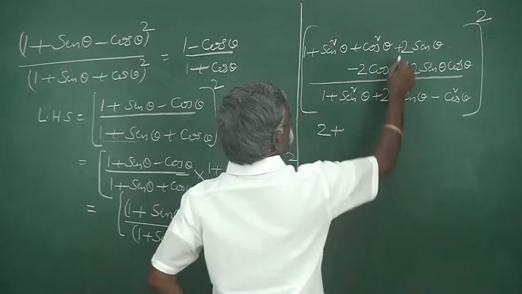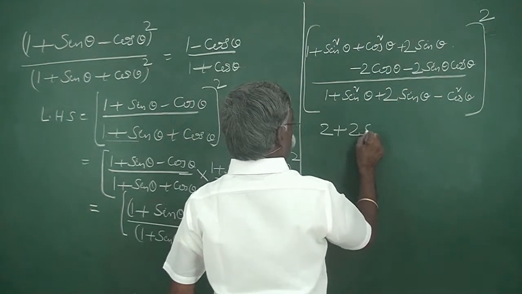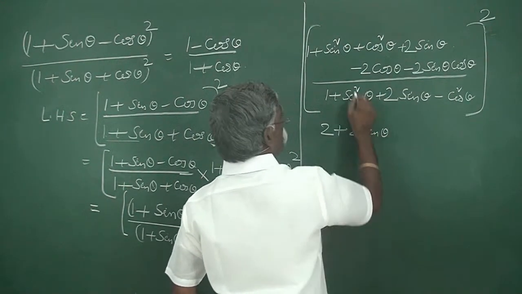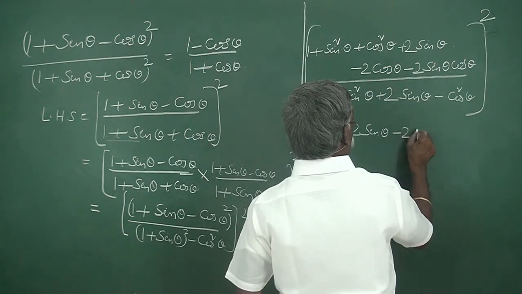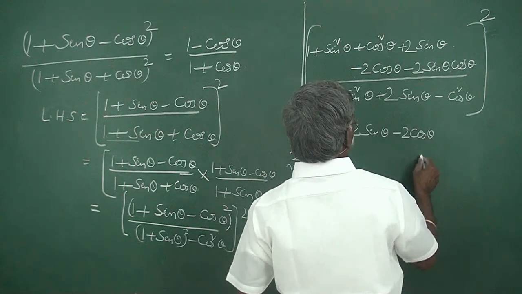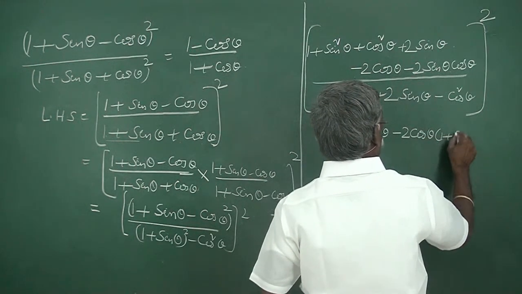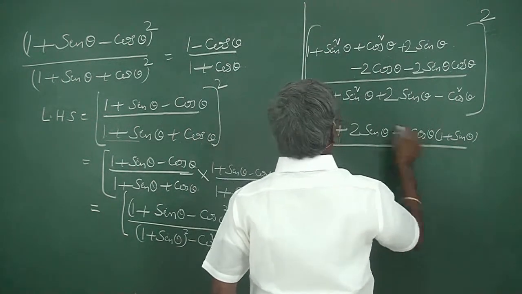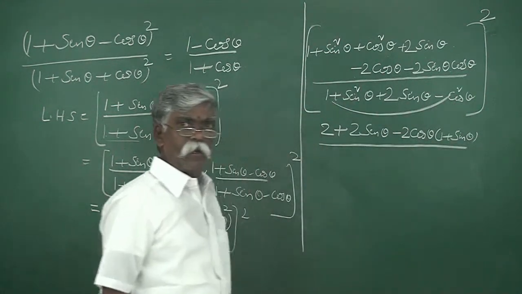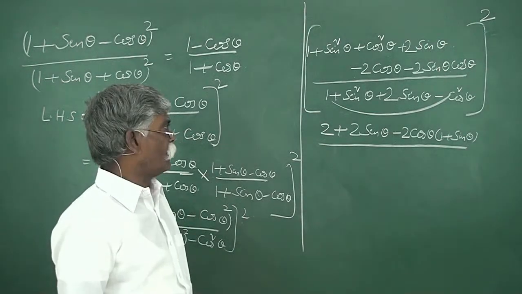Plus, this is 2 sin theta. Here minus 2 cos theta can be taken as common factor. So it is 1 plus sin theta. Here this 1 minus cos square becomes sin square.